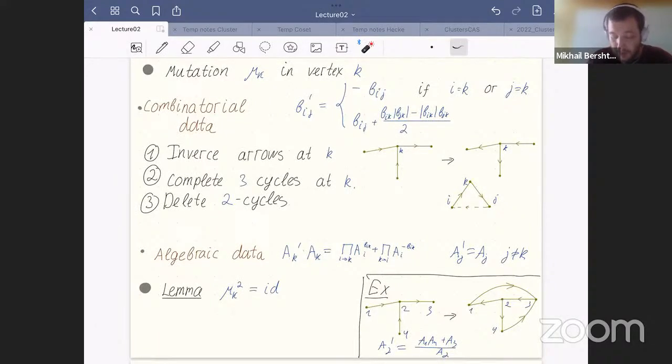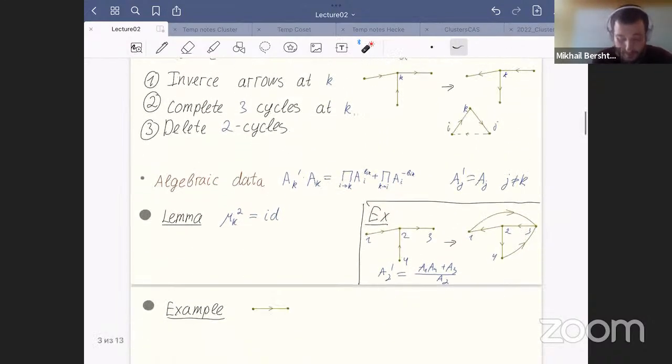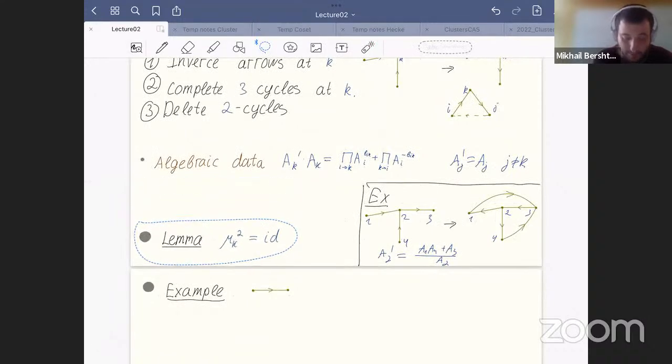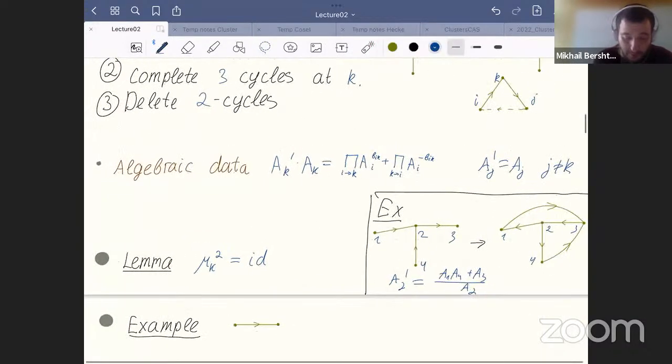Maybe it should be noted that I wanted to write a lemma, but maybe it's too early. Maybe I should first give a remark.